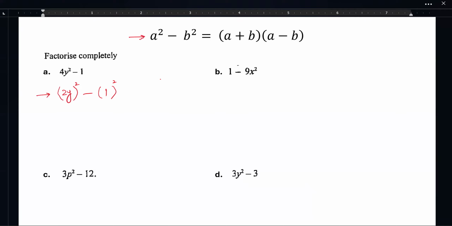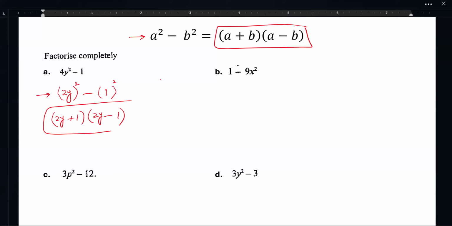That's why now I can convert it into this format: 2y plus 1, this is a plus b. We can observe the two brackets are multiplying each other. Yes, this is called factorization by using the identity.